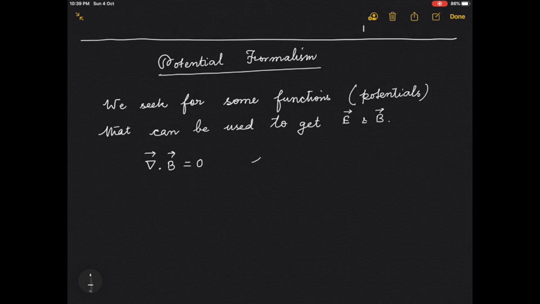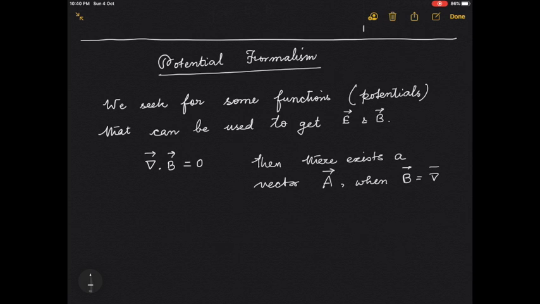If divergence of any vector is 0, then there exists a vector, let us call this A, and you know why I am calling this A, such that B can be written as curl of A. Why?